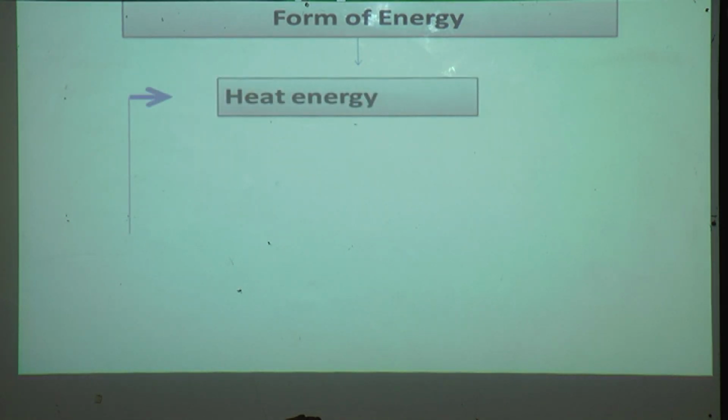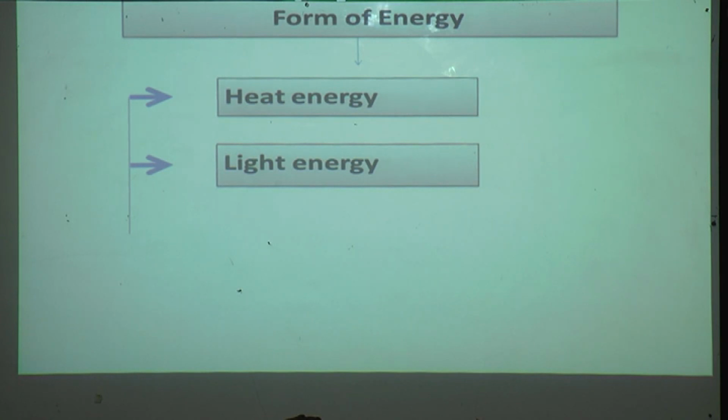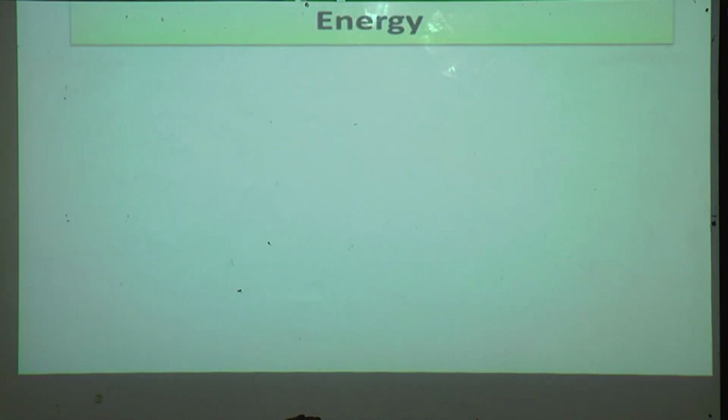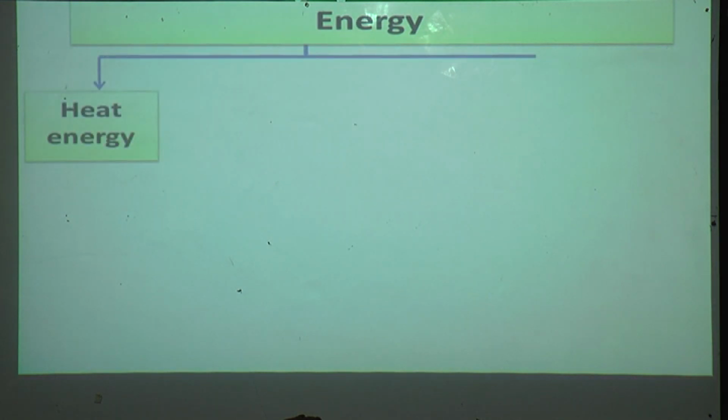Yes, there are some forms of energy: heat energy, light energy and electrical energy. These are some forms of energy. Let us see in detail what we have learned in this session.